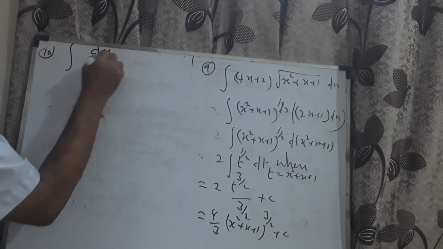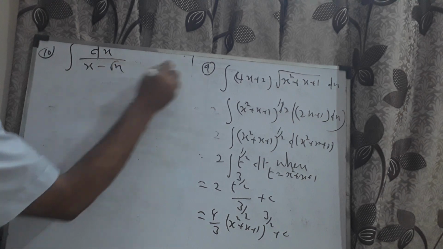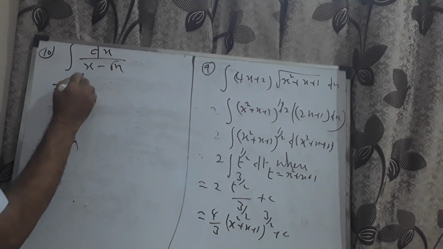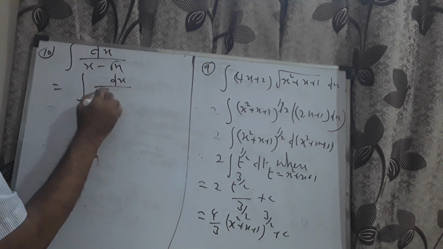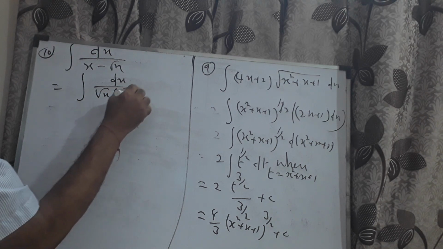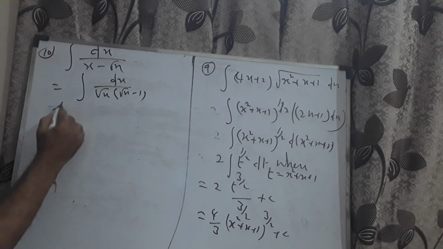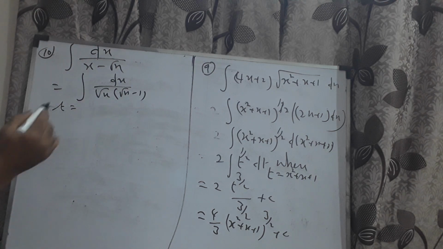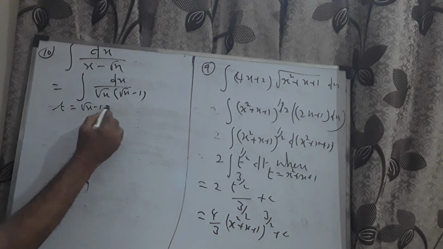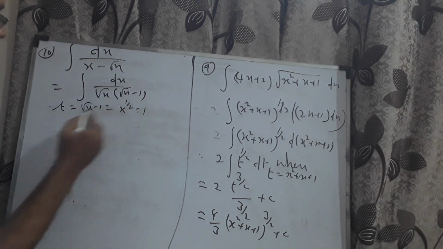Integral dx by x minus root x. Let me take root x as common here, root x into root x minus 1. Here you may find it difficult by the method which I do, therefore I use the other method. T is equal to root x minus 1, which is x power half minus 1.